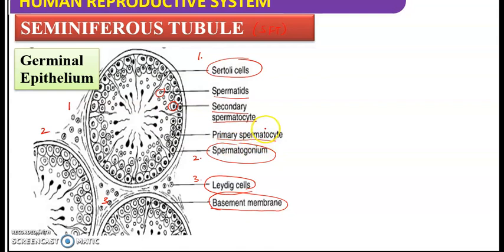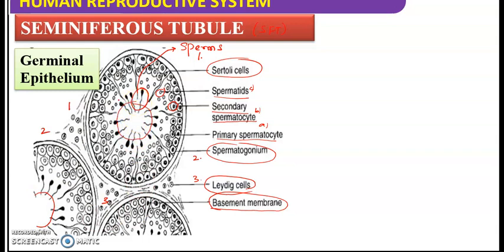These are in order, let us say A, B, C. These are the orders of the various stages formed from the spermatogonium during spermatogenesis. And these tailed structures are nothing but the sperms. Each of the SFTs is hollow inside; there is a cavity present inside.